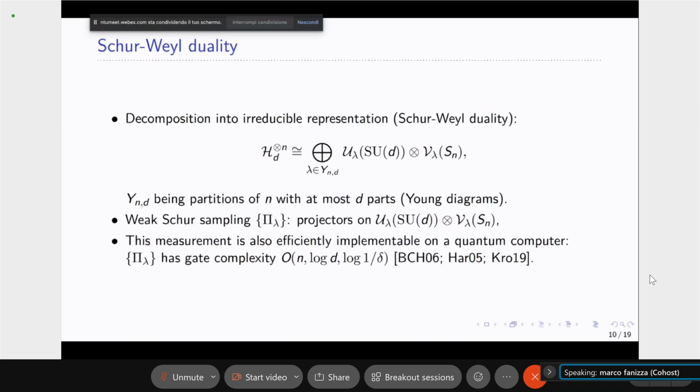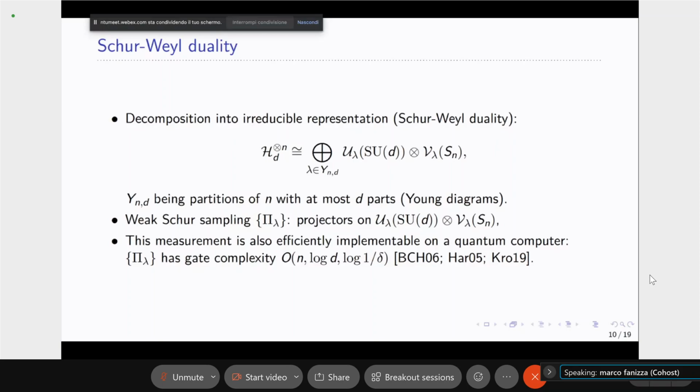It is an important result that H tensor n can be decomposed according to the irreducible representations of the representation we just recalled, and this result goes under the name of Schur-Weyl duality. And so H tensor n can be written as a direct sum of spaces hosting irreducible representations labeled by partitions of n with at most d parts, which are pictorially represented by Young diagrams.